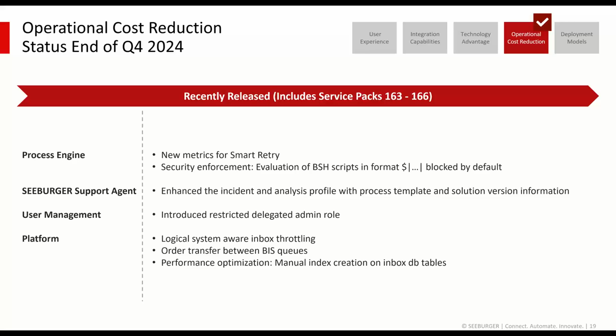It is by default now blocked to use the bean shell expression in the format that you see here with a $pipe and then an expression text and then terminated by another pipe. This can be used in some areas of, for example, the integration flows, in the conditions or in the set properties activities. We have in the past allowed that, but it does show, of course, security issues if that is allowed too broadly. So we are blocking this by default.